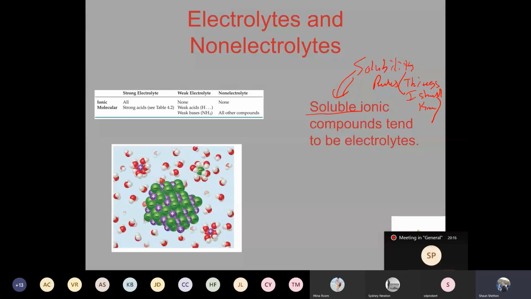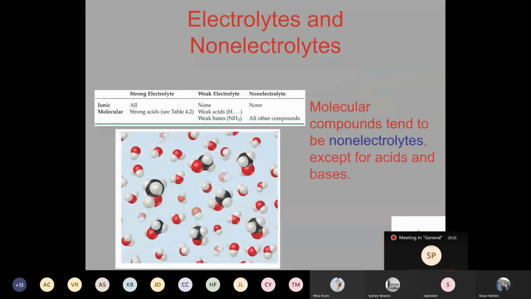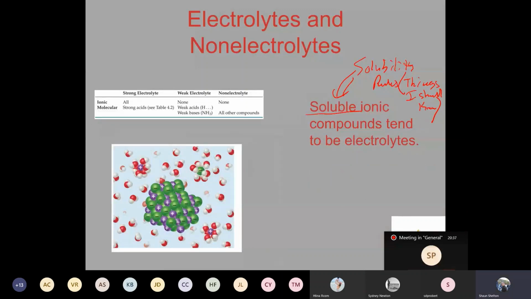It has your solubility rules. It has your electrolytes. It has the types of chemical reactions. There's a lot of information on that handout, so that's a good resource to have handy while we're doing this information.